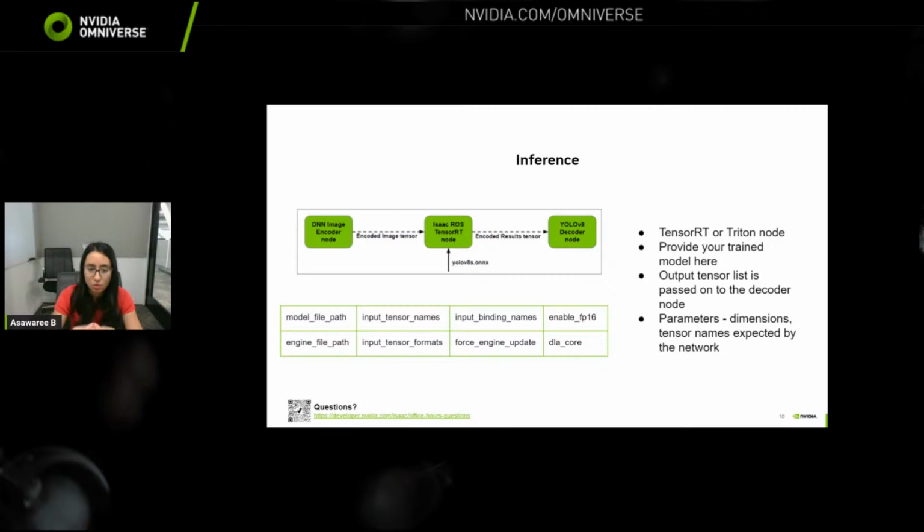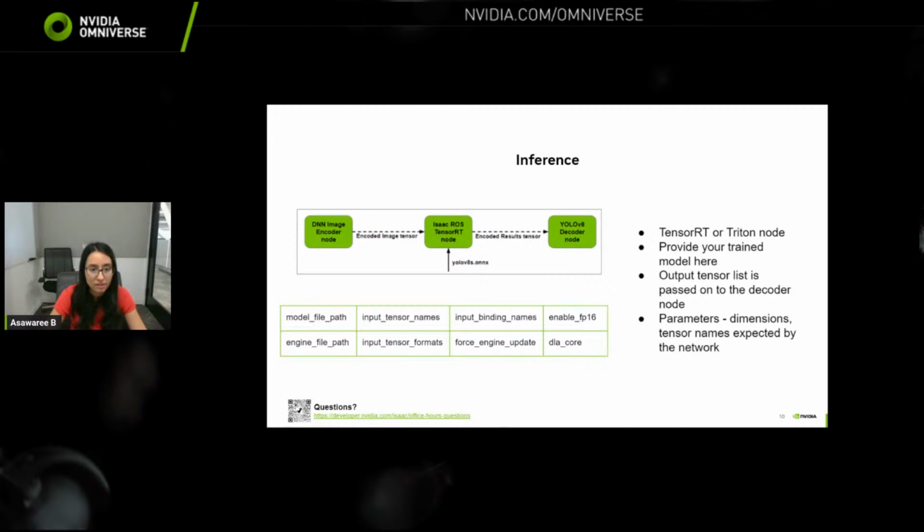But for the TensorRT node specifically, there are some parameters that you can give. I have not listed all of them here, but the table towards the bottom of the slide is just an example of what some of these parameters look like. So the first two, the model file path and the engine file path, is where you would specify your ONNX model. So that just is the location of where you've put your ONNX model.